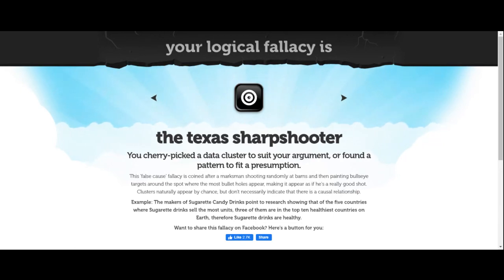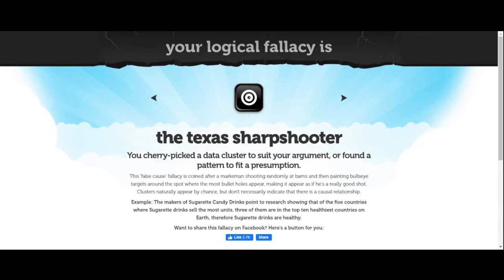Okay, so this concept gets applied to statistics. The Texas Sharpshooter Fallacy means that you are taking a small section of statistical data and ignoring a bigger picture, because most times the bigger picture will prove you wrong.